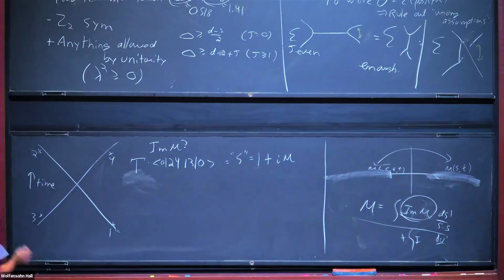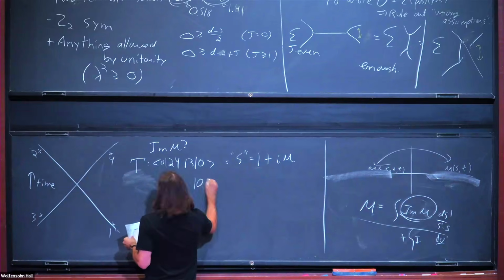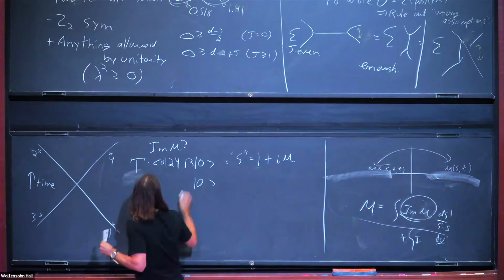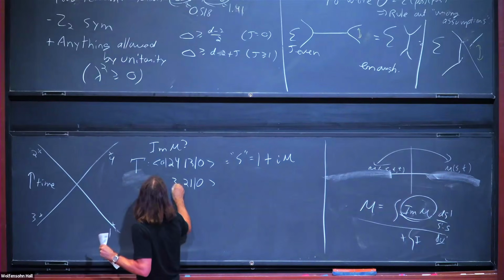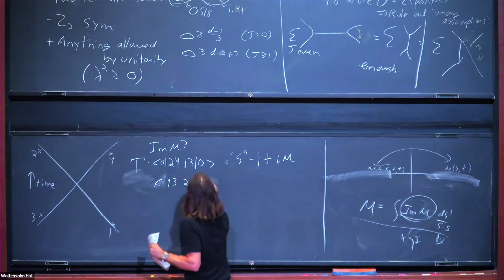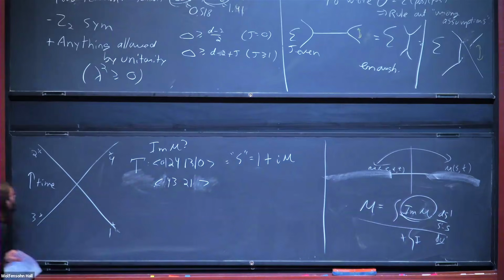Okay, so now let's do some more exotic operator ordering. Suppose I do something like 1, 2, and then I do something like 3, 4. Let me drop the vacuum, just to make it clear. Suppose you do this. What's going on here?